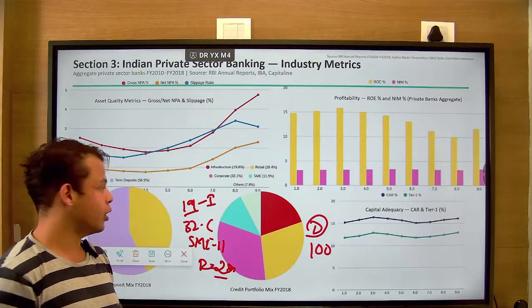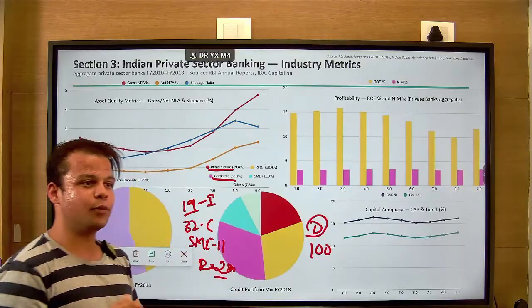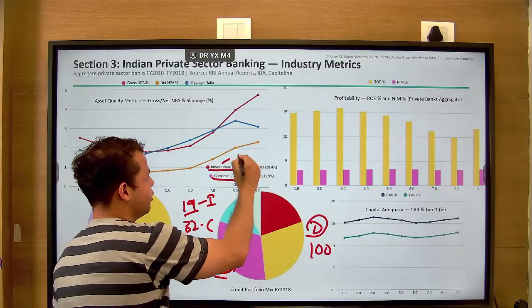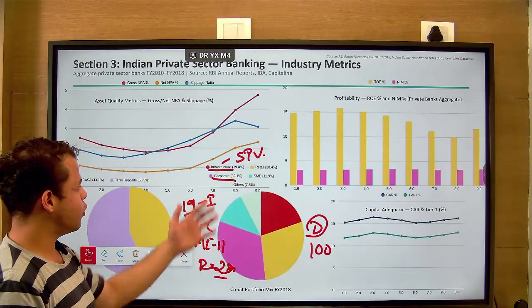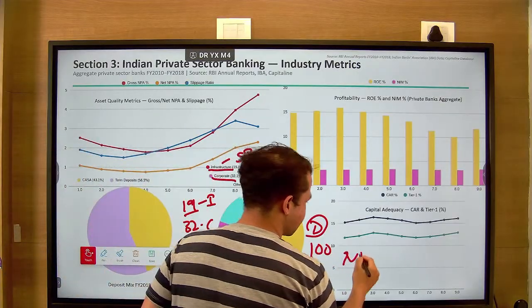But what happened was they were more focused on infrastructure and corporates. Because of this, infrastructure made an SPV, a special purpose vehicle, through which they could easily defraud the bank, and more NPAs were created in this era.